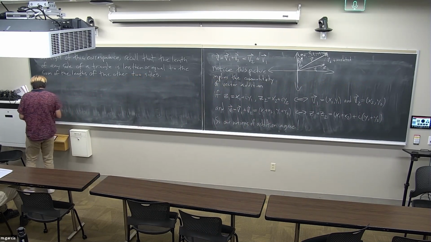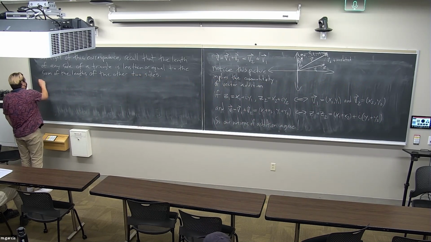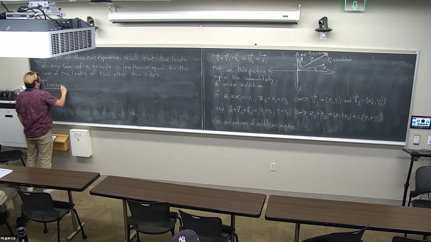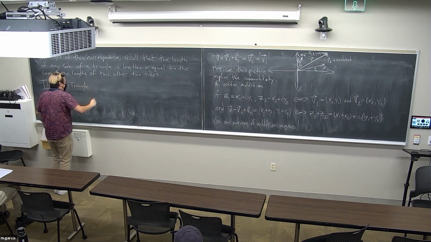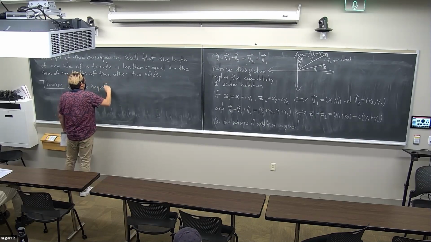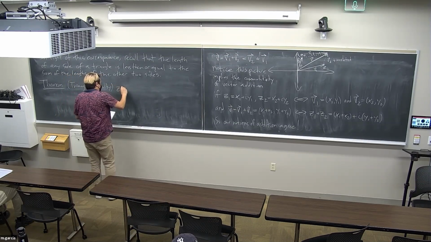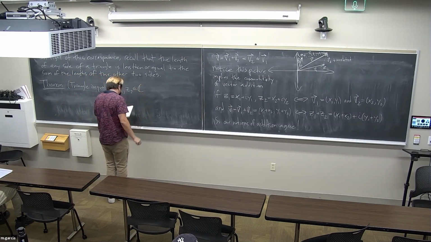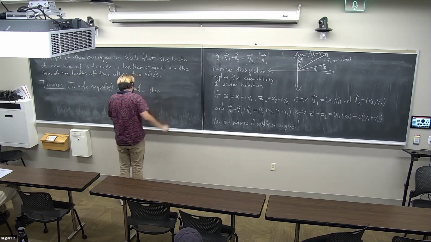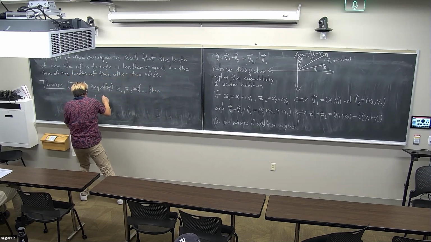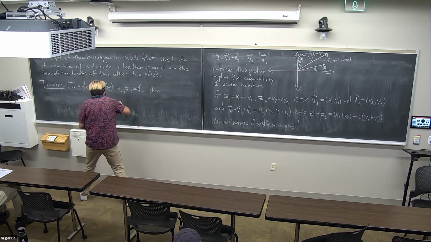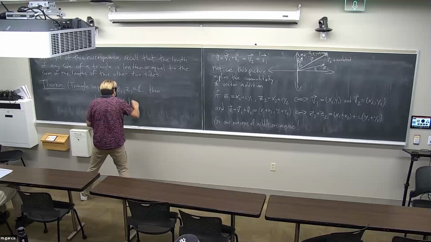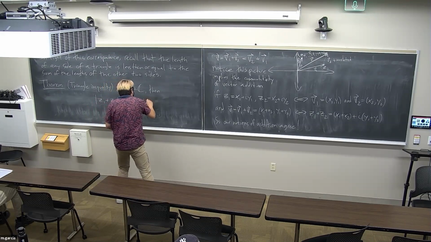Okay? Let me make this precise. This is historically called the triangle inequality. We take z1 and z2 complex numbers, then the modulus of z1 plus z2 is less than or equal to the modulus of z1 plus the modulus of z2.